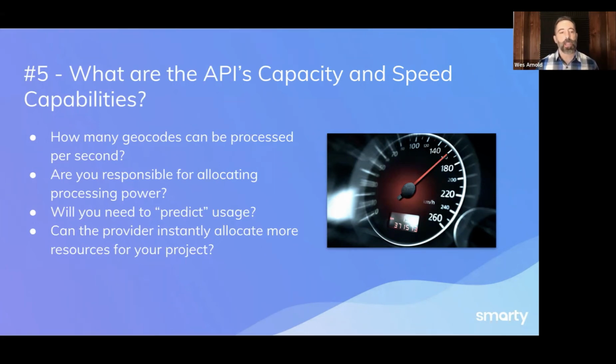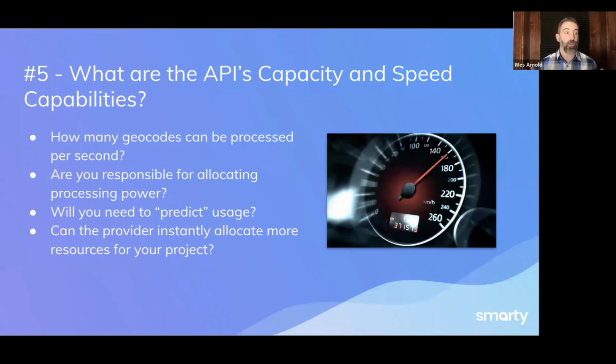Another question to ask is, can that provider allocate more resources for your project as it's building? Perhaps you don't know exactly how much you're going to use, and you have to just hope that the provider can handle it. We actually at Smarty had a customer recently who asked for 70,000 lookups per second.